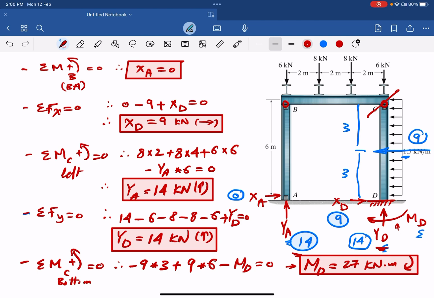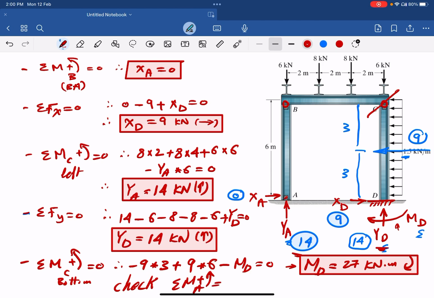So the last thing to do is to check our answer, and we can make a check by taking a moment at any other location that we never used before. So summation of moment at A, and we have to calculate this.